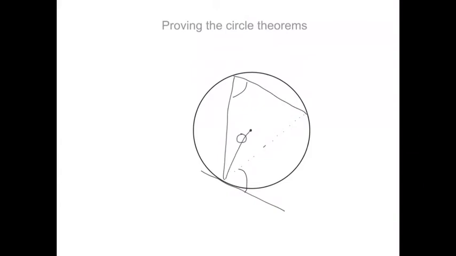So let's draw the two radii here that we need to show the angle at the center. So we can say that if we call this angle x right here, this one is 2 times x, because this is the corresponding angle at the center. Now, if we work in this triangle here, because it's made of two radii, we have an isosceles triangle, and we can work out one such angle.